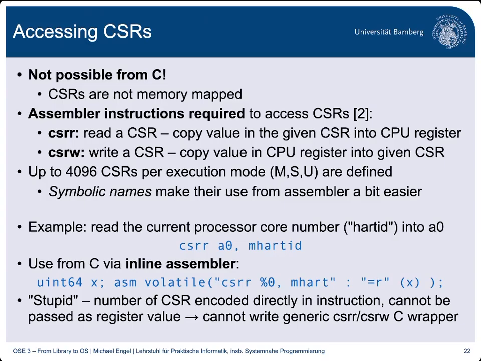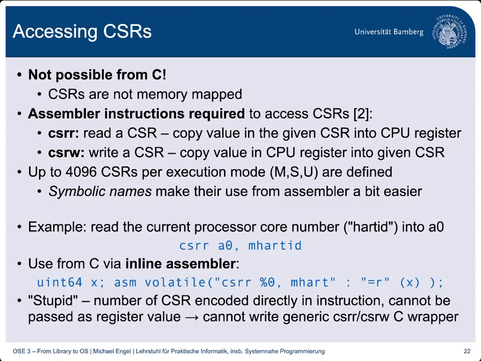Now obviously this might be privileged again. So a register mhartid is only accessible if your code executes in M mode, for example. And we can use this from C via inline assembler. So we can just return the value instead of giving a 0 directly. The second line in blue replaces this by a %0, so placeholder, and we say we want this value to be returned in the variable x.